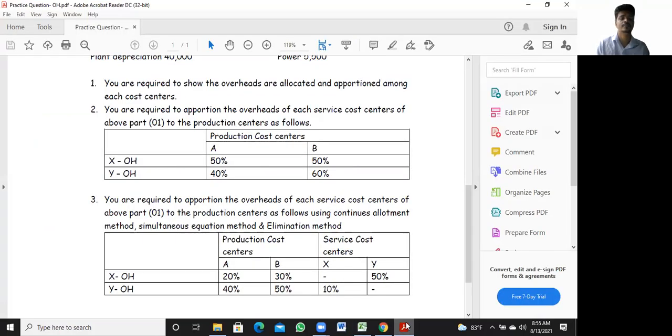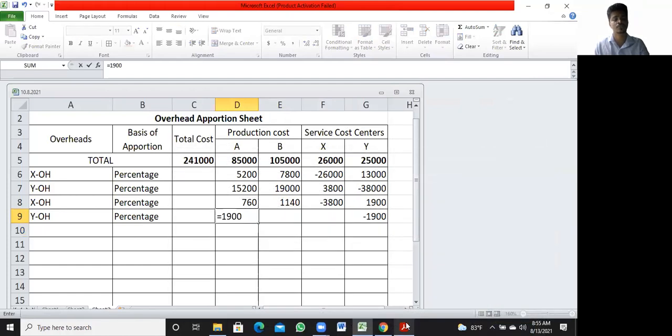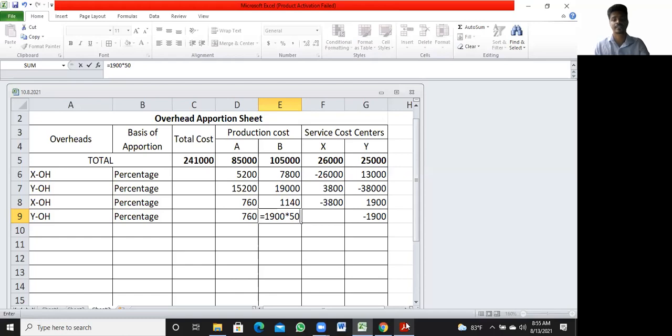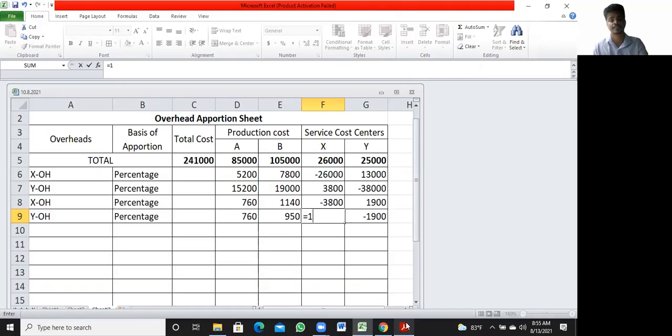Then 40%, 50%, 10%: 1,900 into 40%, 1,900 into 50%, and 1,900 into 10%.